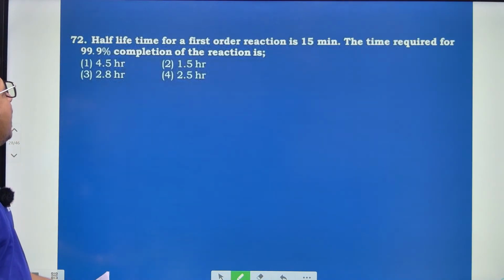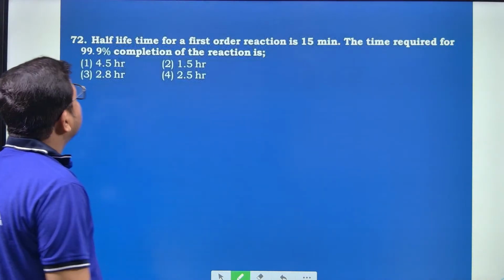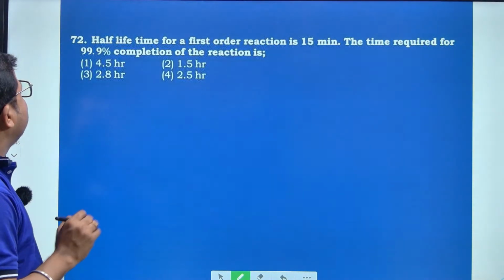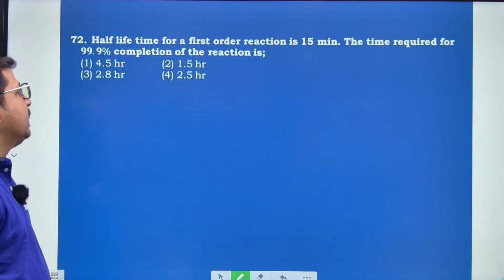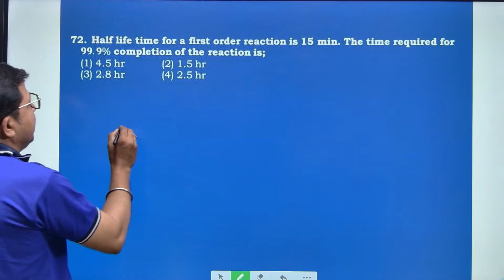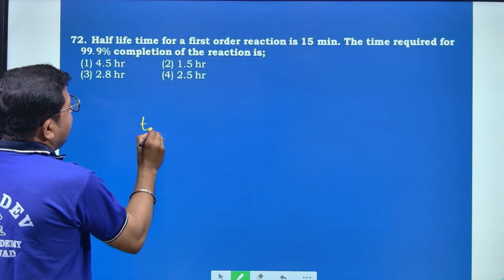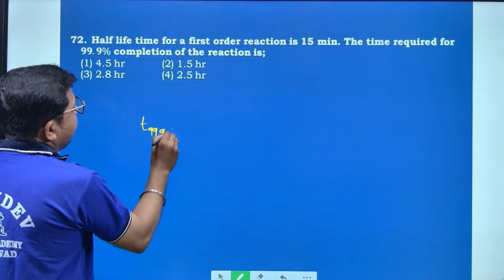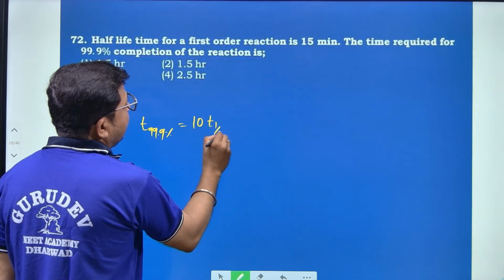And next, the half-life period of a first order reaction is 15 minutes. The time required for 99.9% completion of the reaction is, see here, t 99.9% is equal to 10 times t half, right?